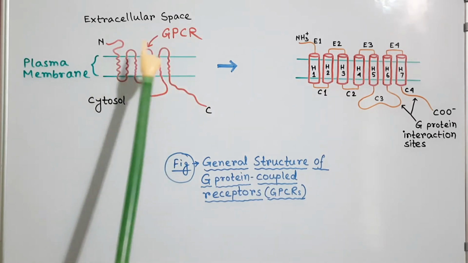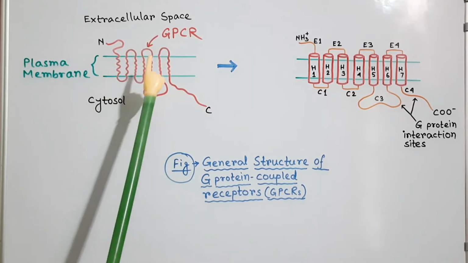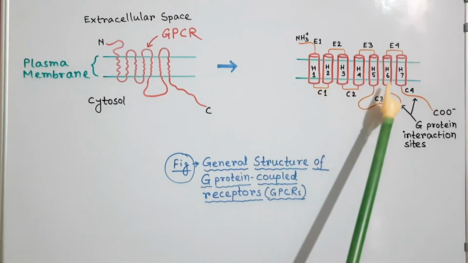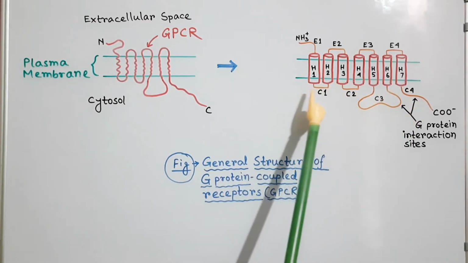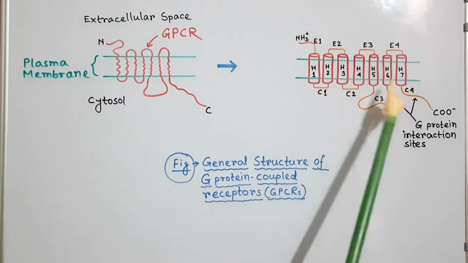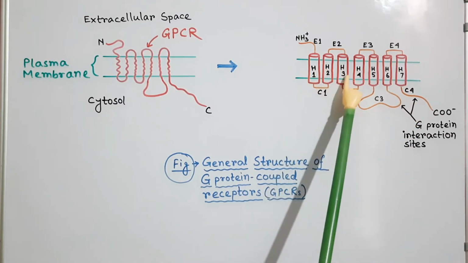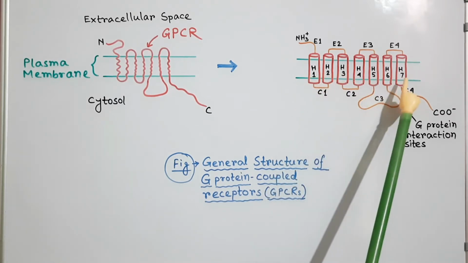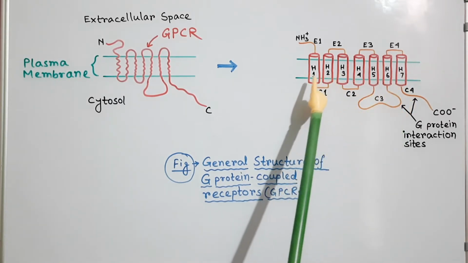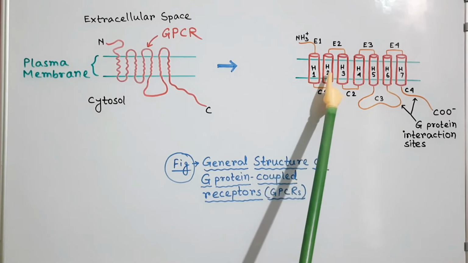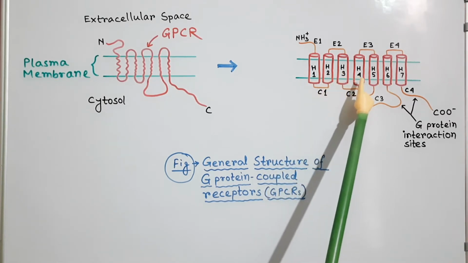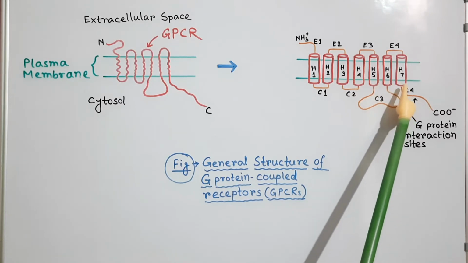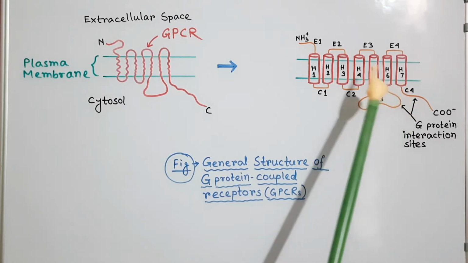If we examine the structure in more detail, we will see all GPCRs have the same orientation in the membrane. These are the 7 transmembrane alpha helical regions marked as H1, H2, H3, H4, H5, H6 and H7.